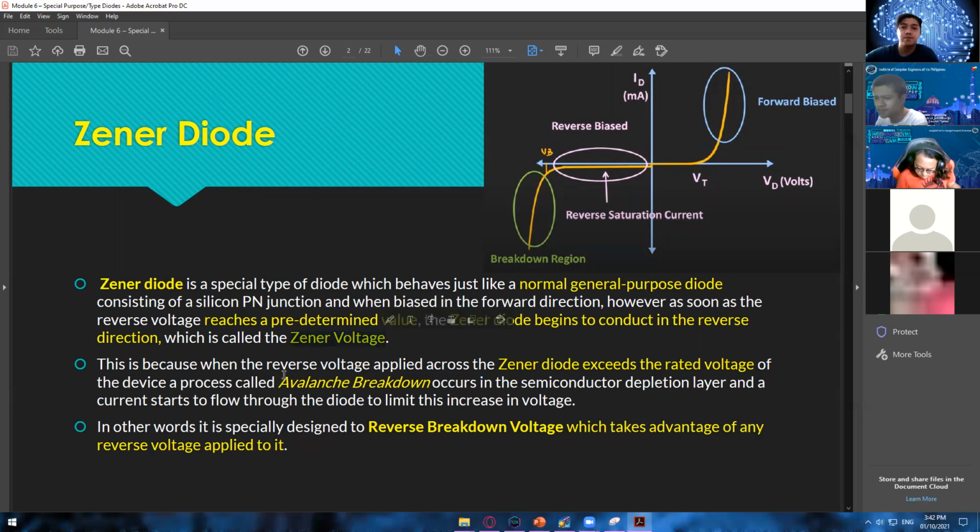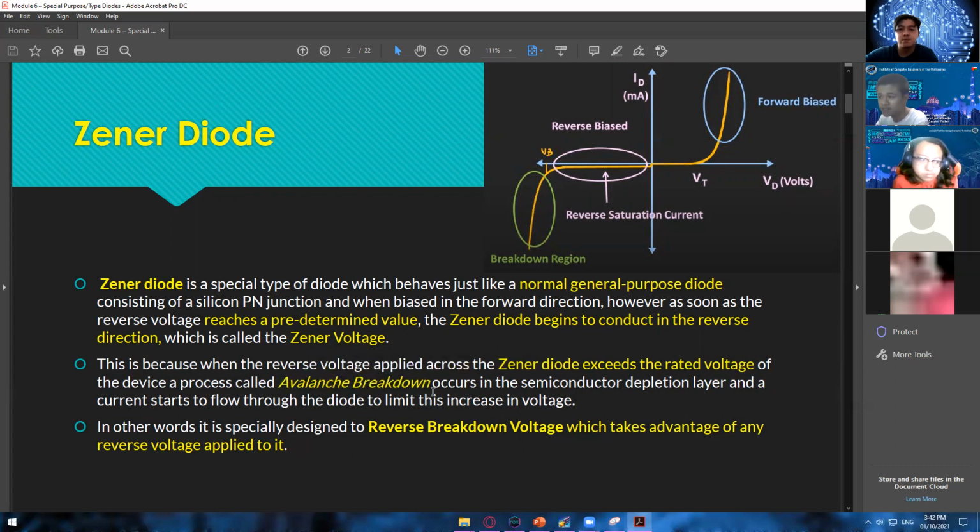This is because the reverse voltage applied across the Zener diode exceeds the rated voltage. You can call it the predetermined value, predetermined voltage, or the rated voltage. Those are all the same. Of the device, a process called avalanche breakdown occurs. So once we breach this rated voltage, what happens is called avalanche breakdown.